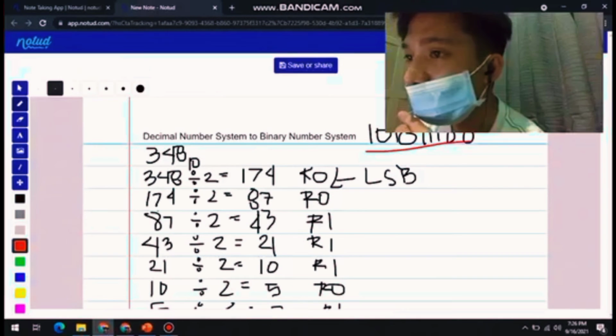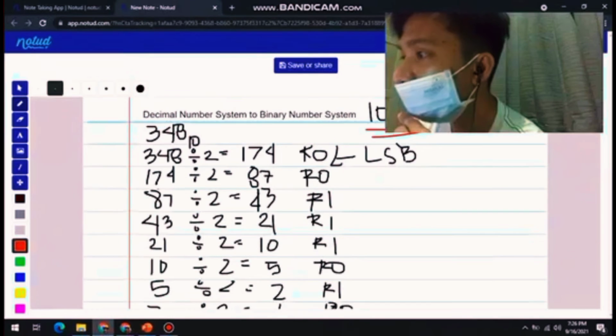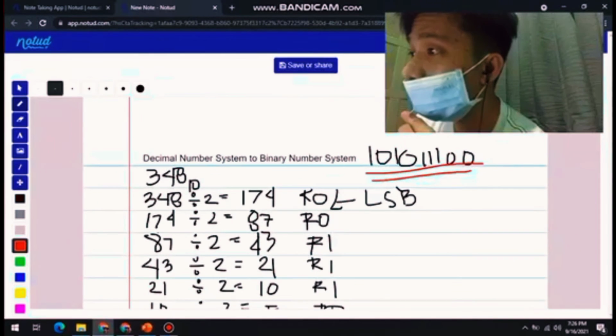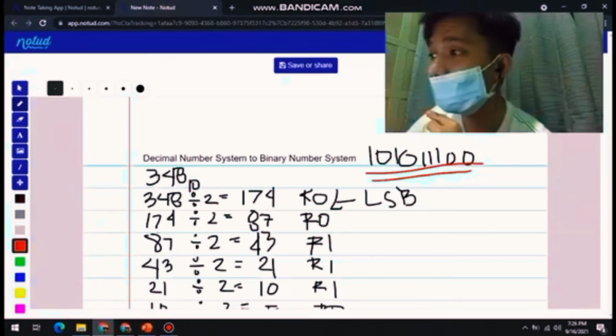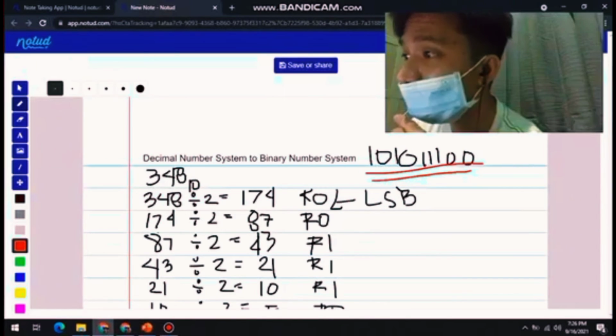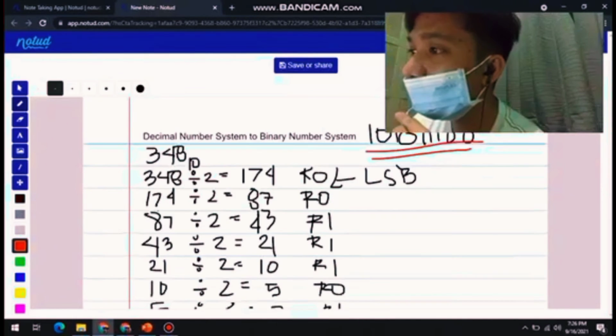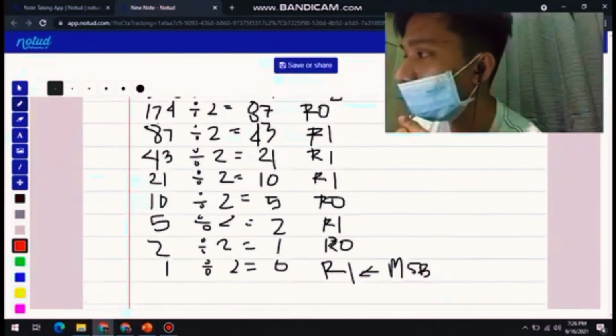This is the conversion of the decimal number system to the binary number system. So this is now the binary number system, guys.